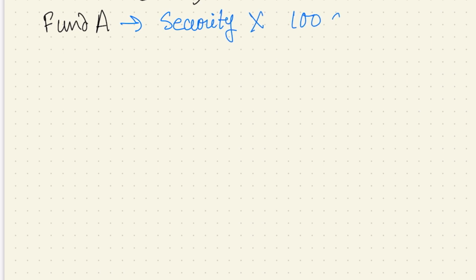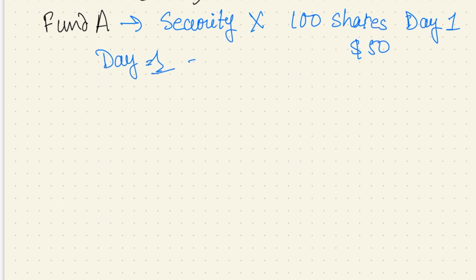Let's say this fund is Fund A, and it has only one holding, which is 100 shares of security X, purchased on day 1 at $50. On day 1, I am calculating the price movement, which is 52 minus 50 into 100.